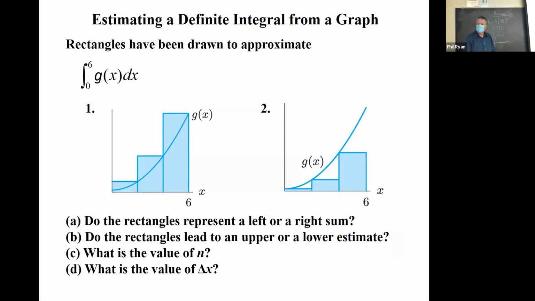Okay. So look at this example here. We have some function g of x, and we use some rectangles to approximate that integral. Okay. Is this a left-hand sum or a right-hand sum?